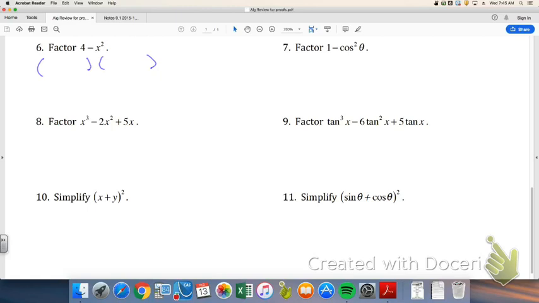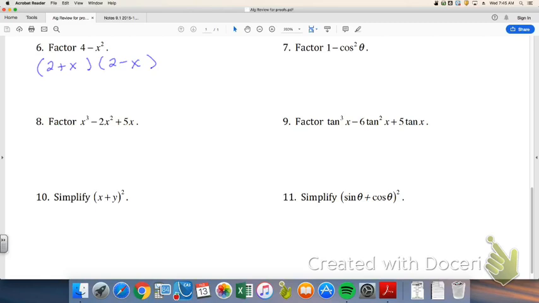What do we think that's going to be? 2 plus x, 2 minus x. So the 2's have to come first because the 4 came first. The factors of 4 are 2 and 2. And then minus, so that must mean I need a plus and a minus. And the factors of x squared are x and x. So I have to write it in the form 2 plus x times 2 minus x.